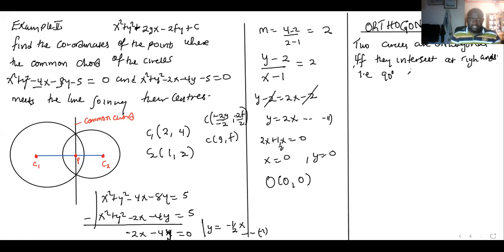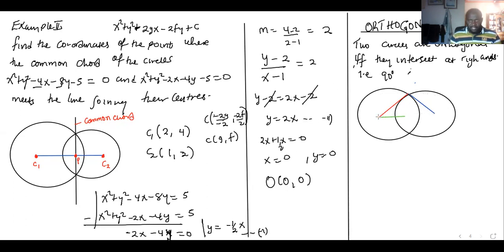So how do they intersect at right angles? If I have a circle, this one, and I have another circle, this one, with a tangent coming from here and a tangent coming from this one, those two tangents should form 90 degrees.